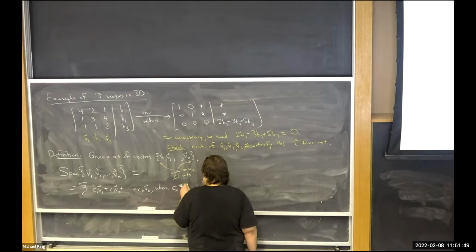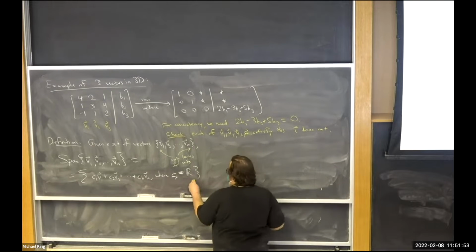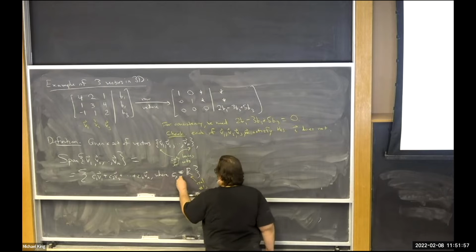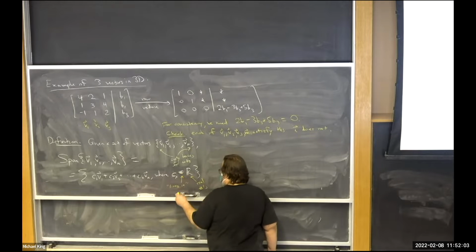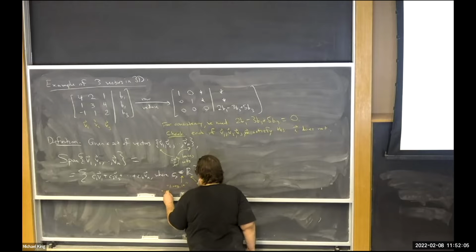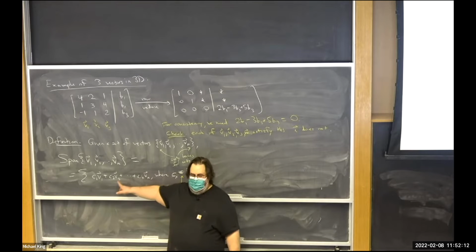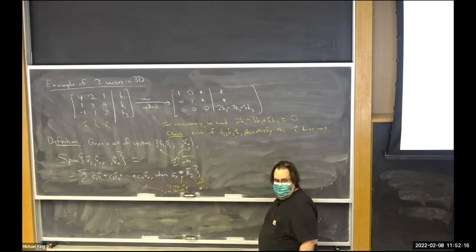Can I use this notation? This means real numbers. This means lives in, or is an element of, this little epsilon-looking thing. So what I'm saying is you just pick any coefficients. This is the set of all possible linear combinations.